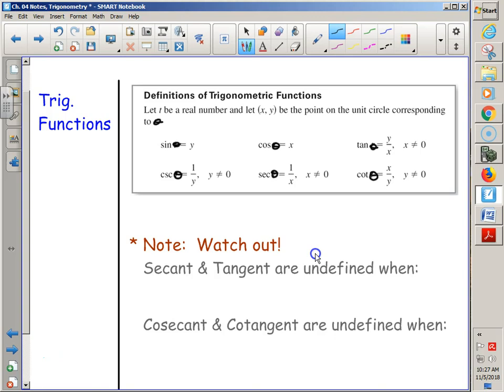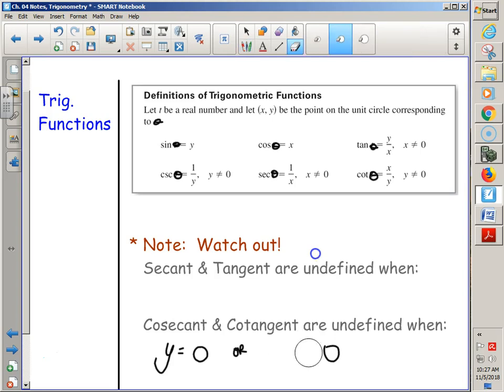Because if y is 0, that kind of answers the question down here. Because both cosecant and cotangent have denominators of y, and so if the y's are 0, then each of those are undefined. Sorry, the y, that's sine.